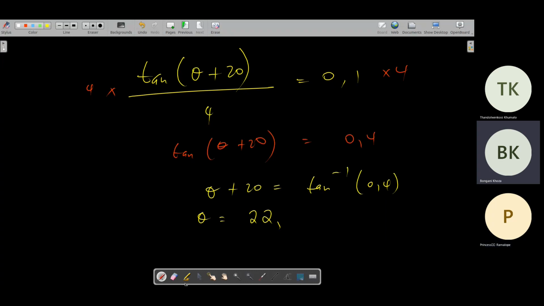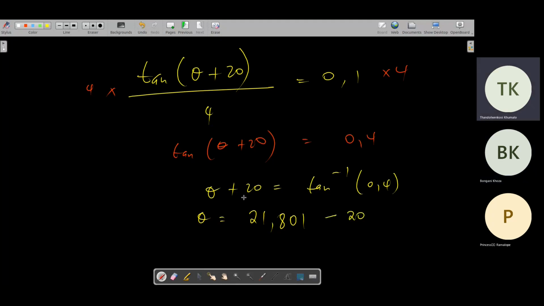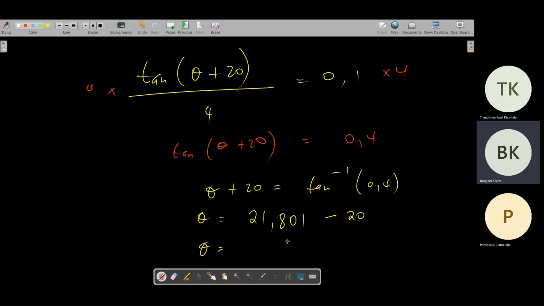Okay, let's do that, even though we'll end up with the same answer, just to avoid errors. 21.801, and then minus 20. Then theta, let's say we round off to a whole number.